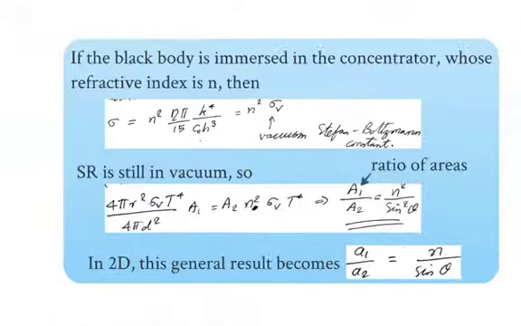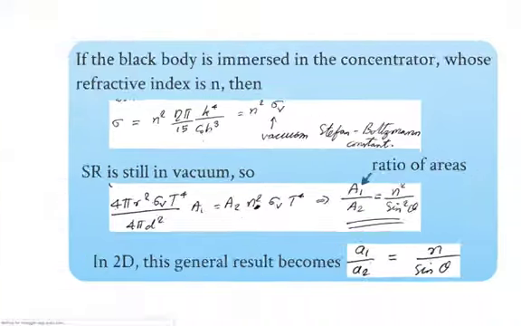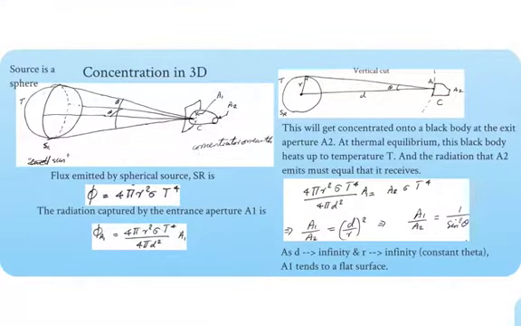Okay, now let's think about one more design concept for the CPC. So far, when we thought about the CPC, we thought about the CPC being completely hollow, right? This is air inside or vacuum inside, light's bouncing around and reflecting and reaching the output.